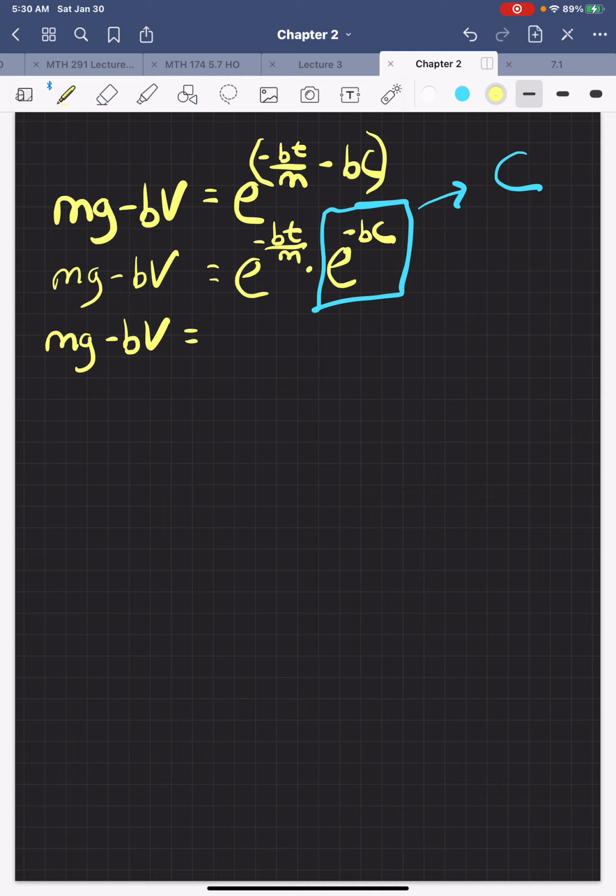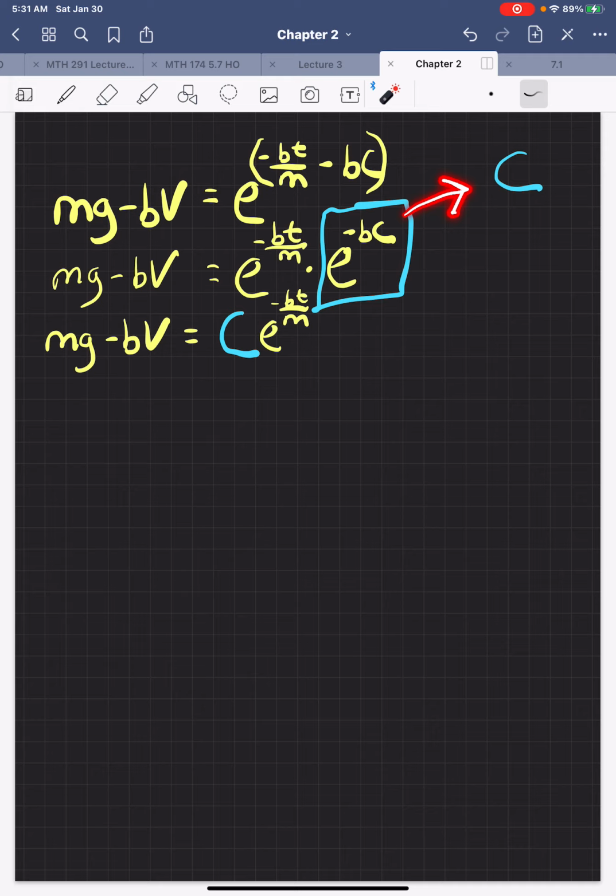You'll get good at this technique. At least I hope you get good at this technique, because this is the easiest of all the techniques to get good at. So let me now go ahead and write e to the negative bt over m. All right, so just remember that this whole thing is some constant. We don't know what it is.